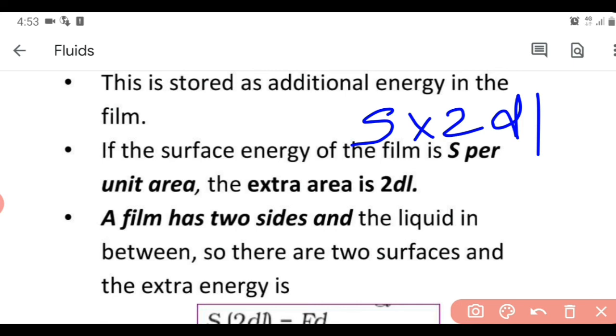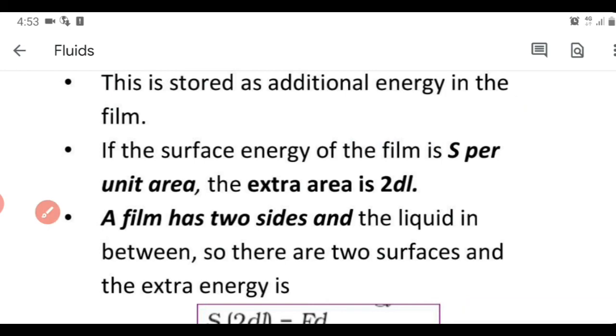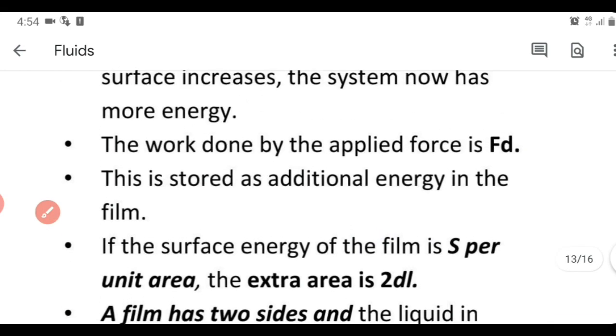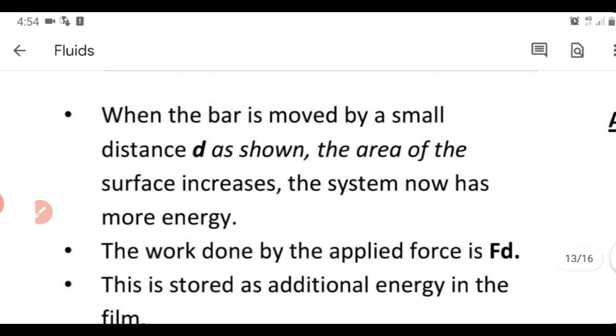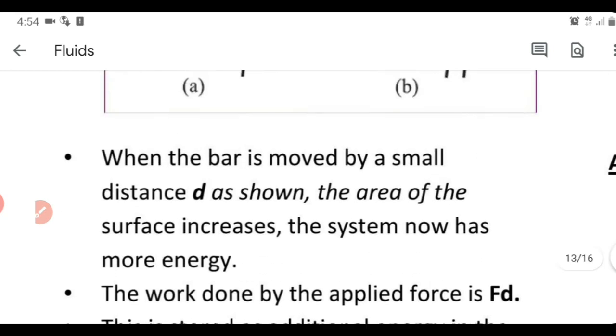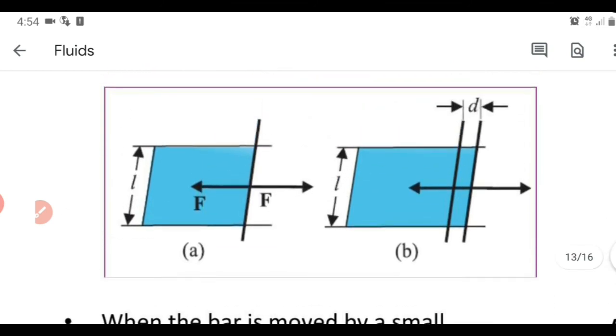Now the film is moved through a distance d. Suppose the applied force is F. How much force do we need to apply? Because of surface tension, the liquid surface experiences a net inward force, and opposite to that force we need to apply a force.